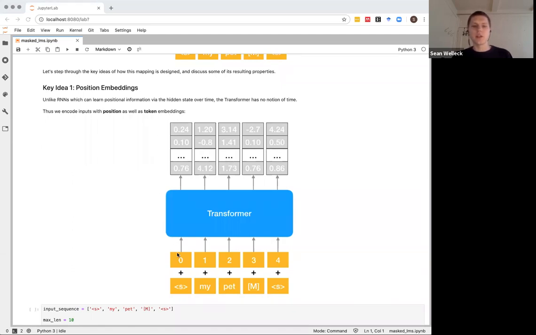So we actually have to tell it explicitly about positional information. By that I mean that, for instance, the first element of the sequence is in the 0th position, the second is in the 1st position, and so on.